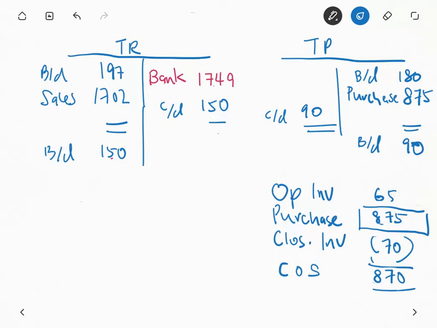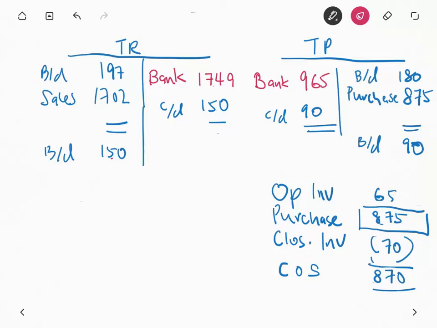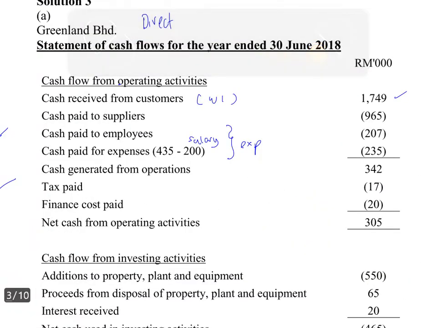Can I know how much I paid to my supplier? Paid to supplier is 965. So first, to find cash received from customer, open receivable. For payable, open payable. However, to find purchase, we need to open this one. Clear? So 965 is the amount paid to supplier. Put a bracket, done.